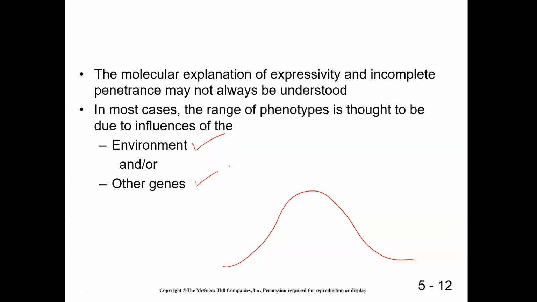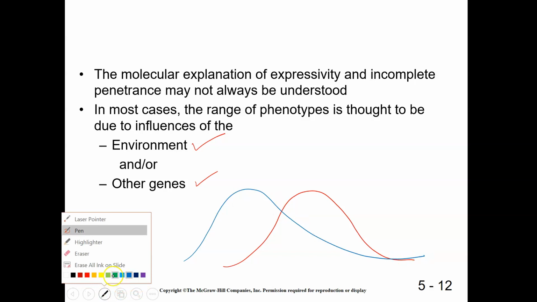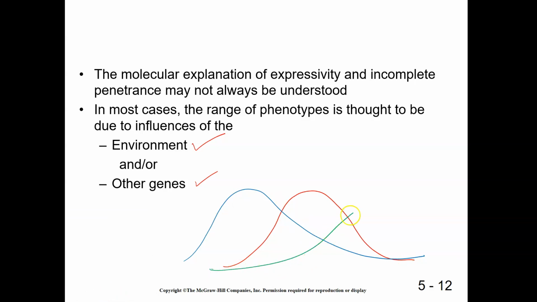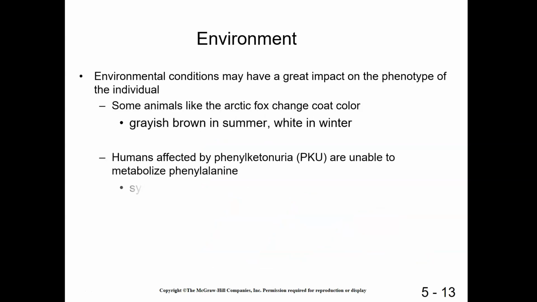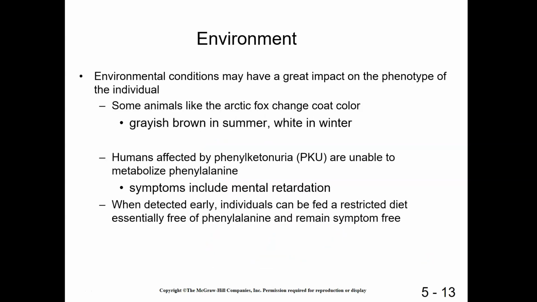So depending on the trait, you can end up with a curve that looks more like this, or like this. It just depends on what the influences are over that given gene. So now let's talk about the environment and what the environment can do to influence a phenotype.